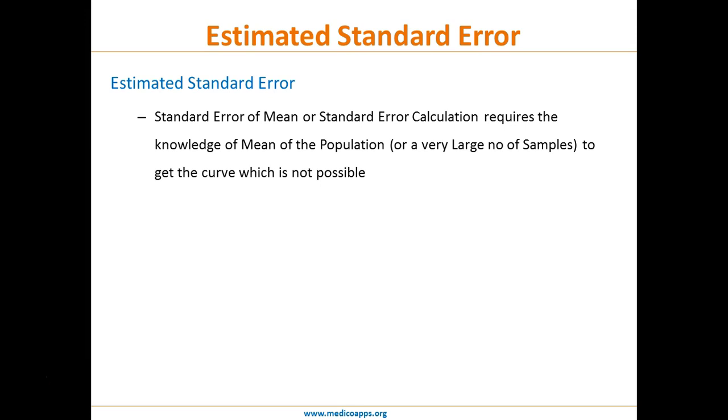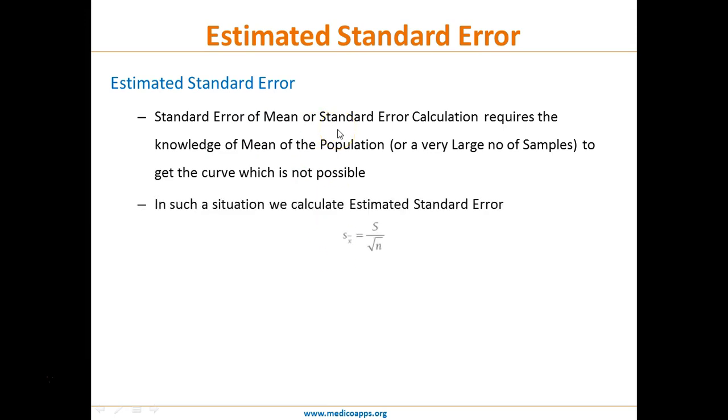We have to take this random sampling enough number of times to get that binomial distribution curve. If the number of samples is very small, we may not get the exact binomial distribution curve. In that case, there is a statistical measure called estimated standard error, which is used as opposed to the standard error of mean, which we saw in the last slide.